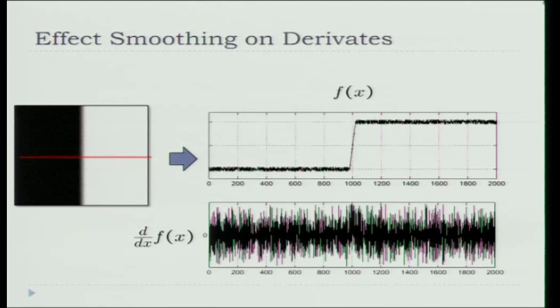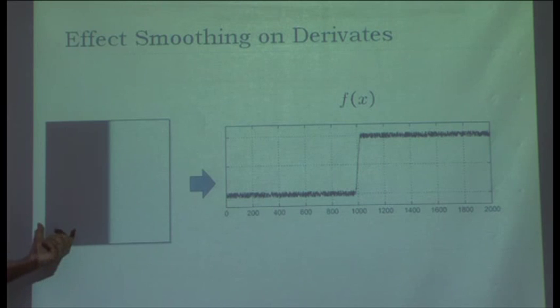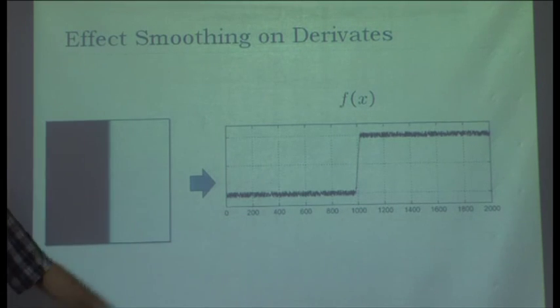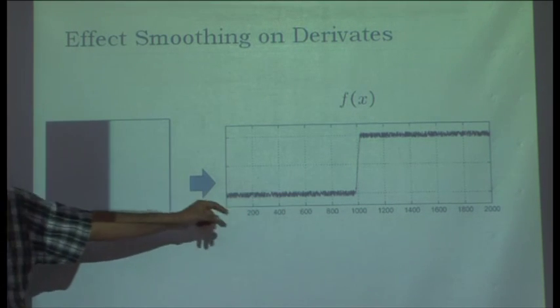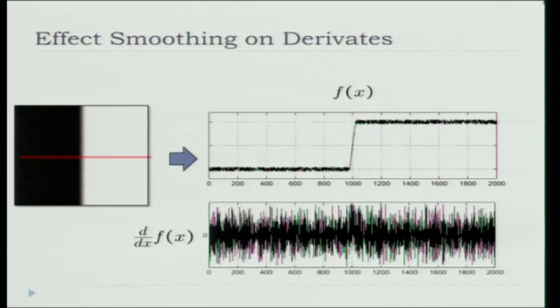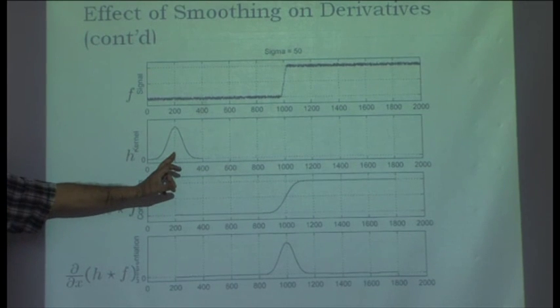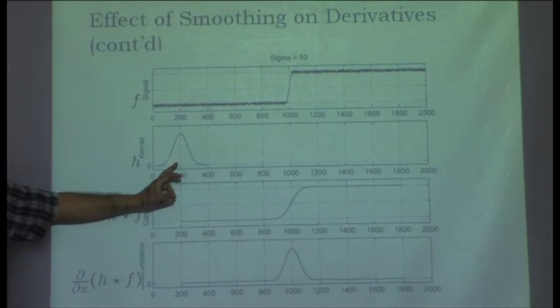Now, suppose you have the effect of smoothing the derivatives. You have that image, and you feel that this is dark and white, but in reality the image has a lot of noise, or pixel changes. Now, if I do the derivative of this, the derivative image will look like this. Instead, I am using some filter, a Gaussian filter here.